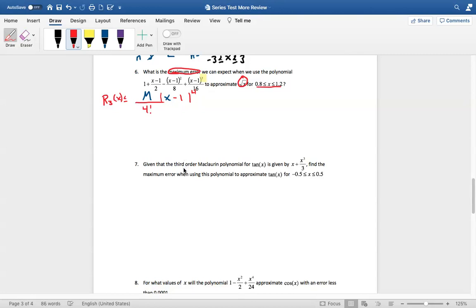So that's the formula. We're not going to give you the formula. AP won't either. So you need to know that formula. It really is the next term: the next factorial, the next power, and the next derivative. M is the max of the absolute value of the next derivative on the given interval. You're going to use your calculator for this. So annoyingly, you have to find all the derivatives.